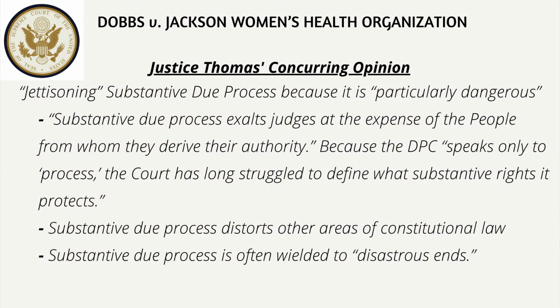So there's two other things I wanted to mention of the Thomas opinion. So it's him talking about jettisoning substantive due process because it's particularly dangerous. And he says that it exalts judges at the expense of the people from whom they derive their authority, that substantive due process distorts other areas of constitutional law, and that it's often wielded to disastrous ends.